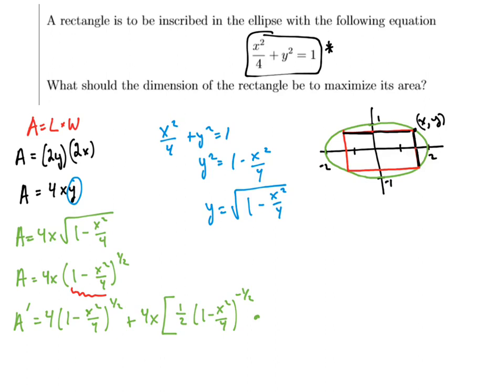The derivative of 1 is 0, and then negative x squared over 4, well, when we use the chain rule here, we're going to get times negative 2x divided by 4. That's the derivative of this term right here.